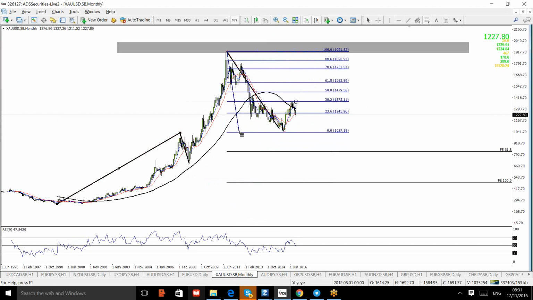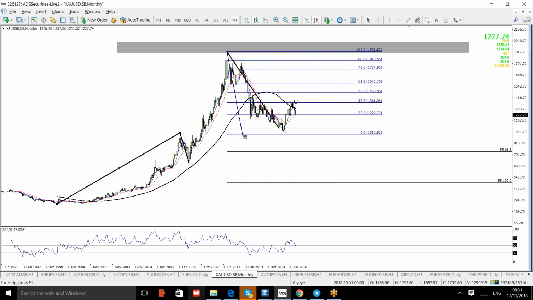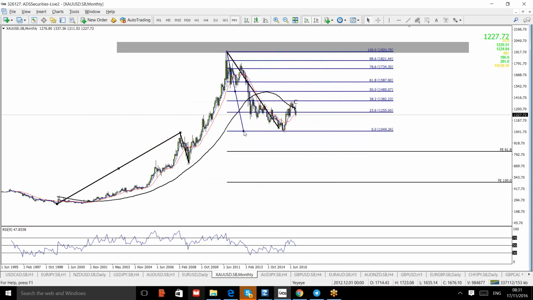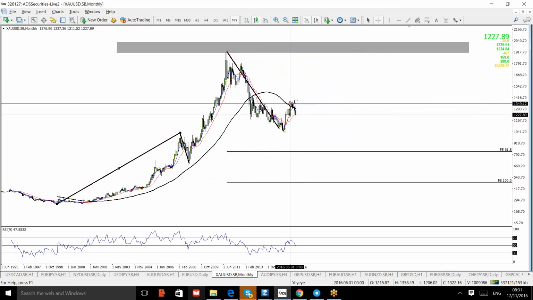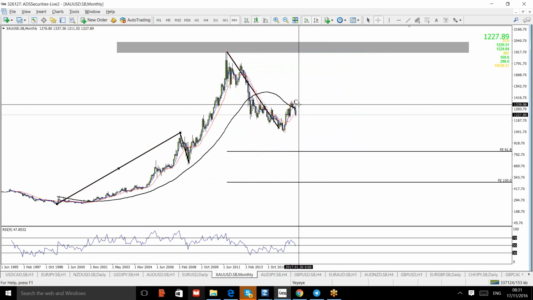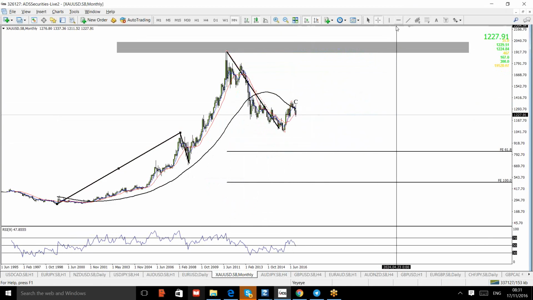Can you see this? So maybe, I'm not sure, if this C is valid, then the price will go here.